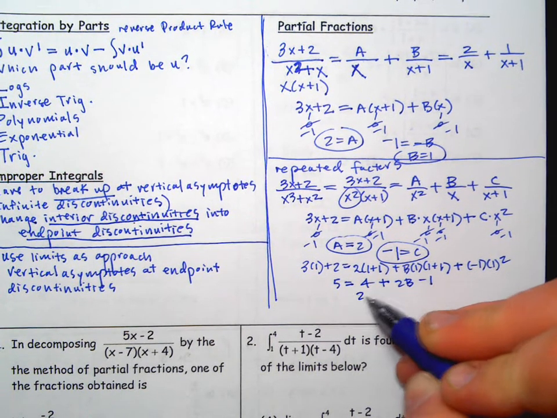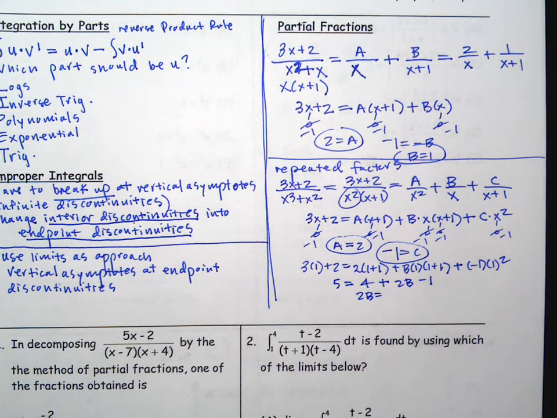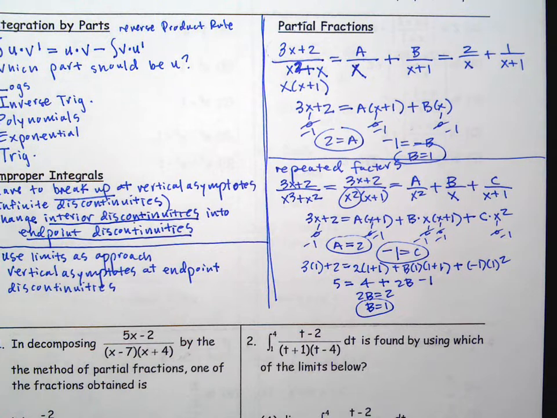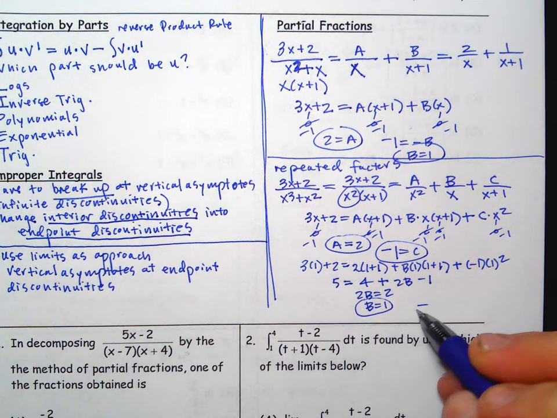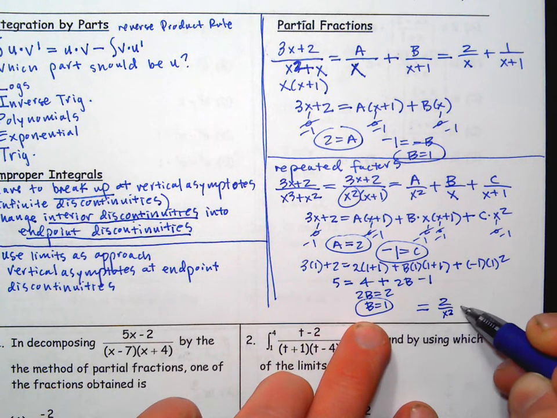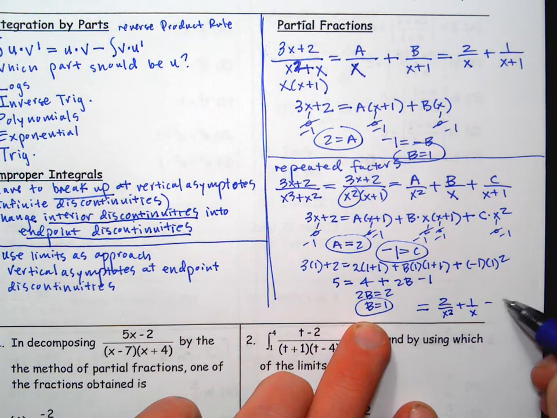So then 2b equals 2 and b equals 1. So sometimes you're going to have to find certain coefficients first and then use them to find another coefficient. So these are our final values. So the final answer is 2 over x squared plus 1 over x minus 1 over x plus 1.